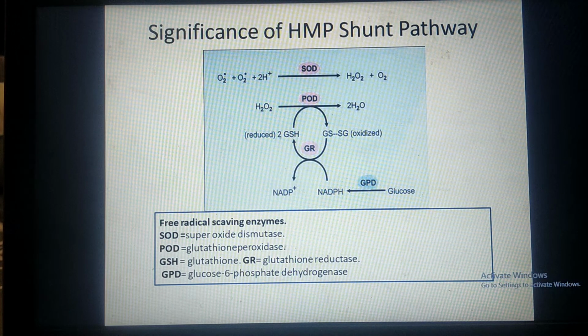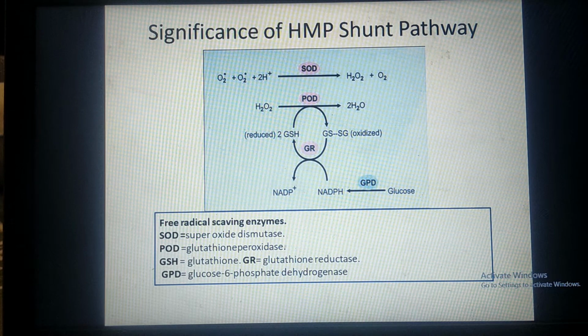Therefore, another enzyme, POD, called peroxidase, acts on this H2O2 and converts it into water. To convert H2O2 into water, peroxidase requires two hydrogen atoms, and these are supplied by reduced glutathione.